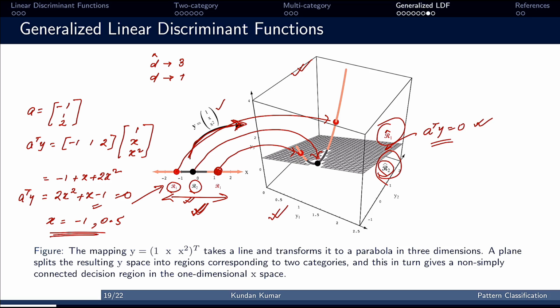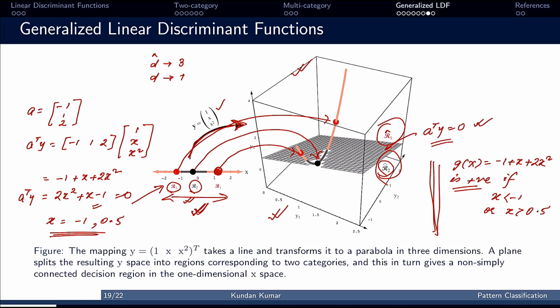Then we can conclude here that the discriminant function g(x) equal to -1 plus x plus 2x square is positive if x is less than -1 or x is greater than 0.5. Okay. So, in that case g(x) will be positive, otherwise it will be negative.